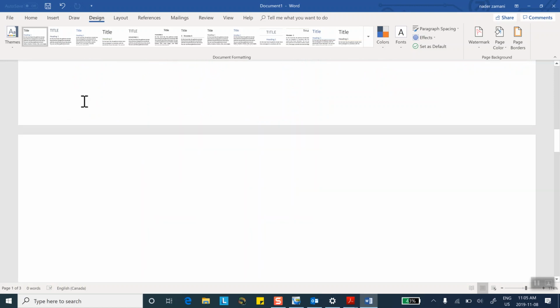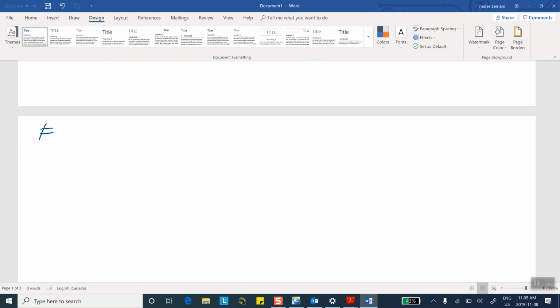We are told that cosine of x is equal to minus 4 over 5, and x, we are told, is between 180 degrees and 270 degrees.